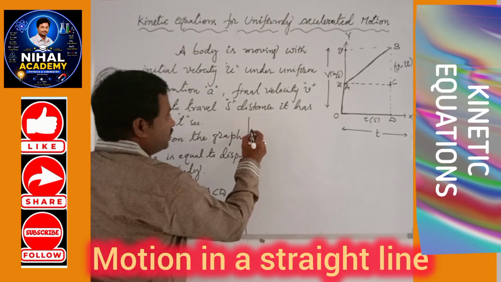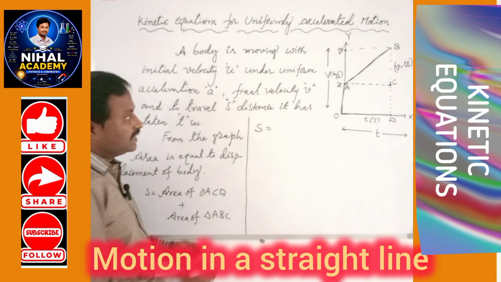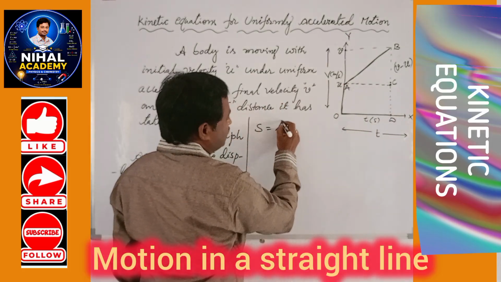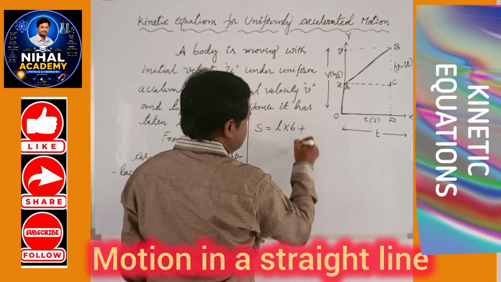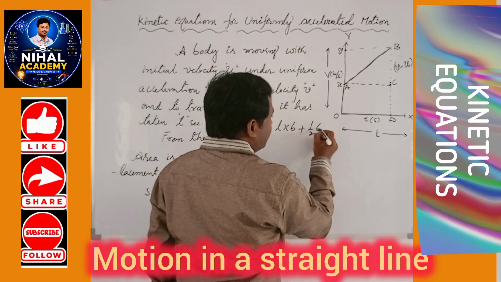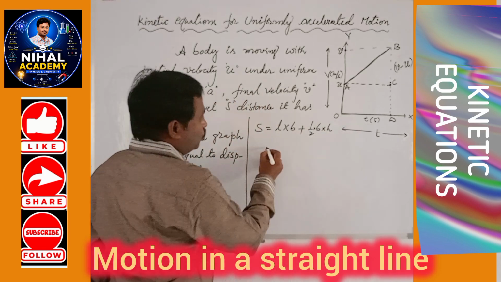Now the displacement S is equal to the area of OACD, which is in the form of a rectangle, so length into breadth, plus the area of the triangle, half base into height. What is the length?